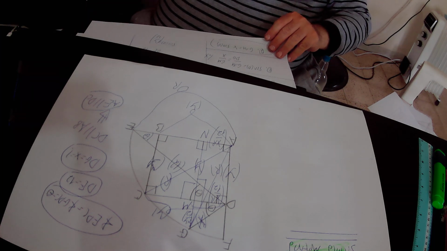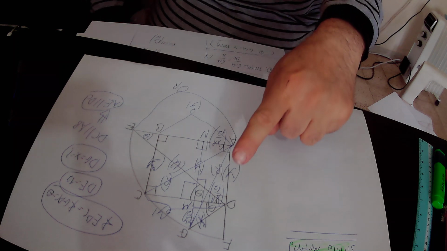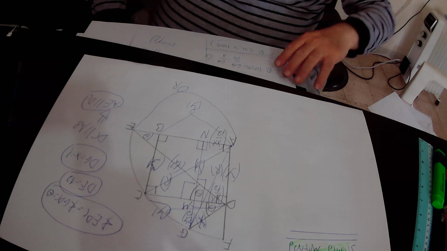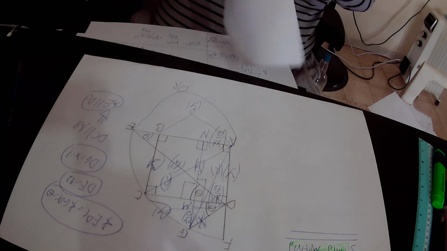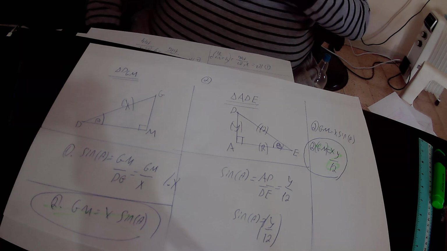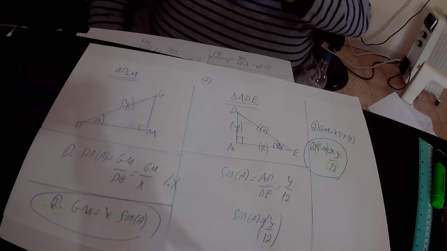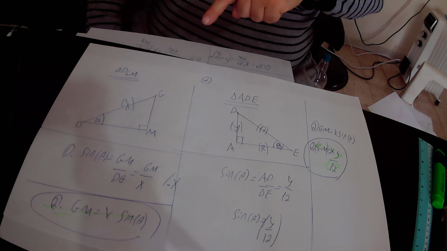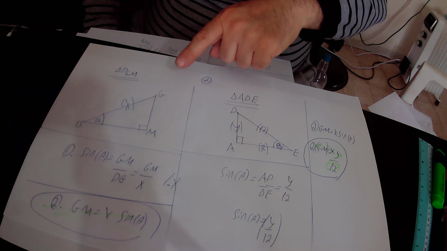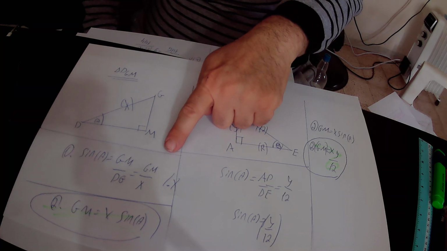The next step, return to this right triangle DGM. So I copy this right triangle DGM to a new page. This is the right triangle DGM that I copied from the original drawing. In this right triangle, it is very easy to see that sine theta equals GM over DG.